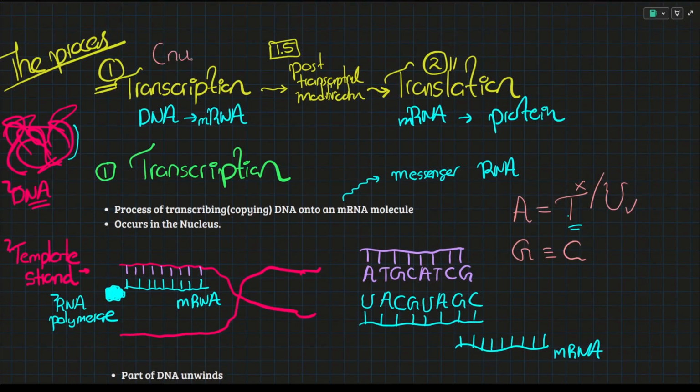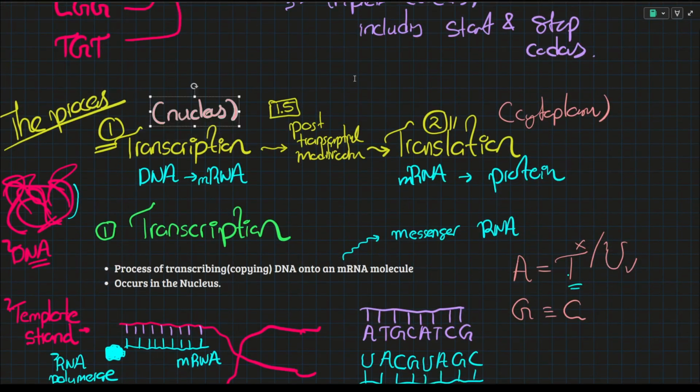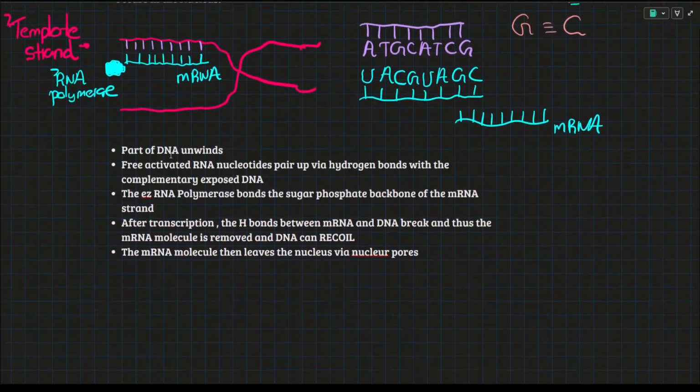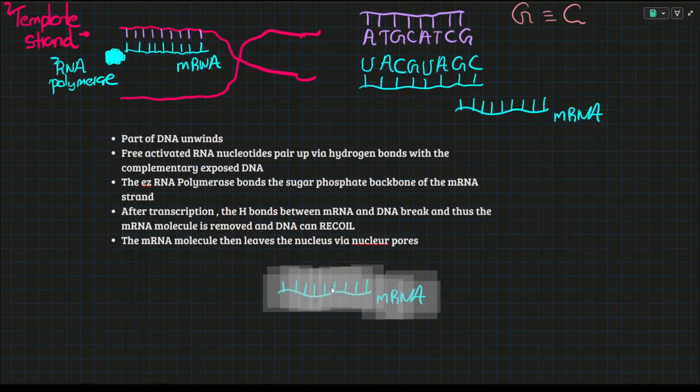Transcription occurs in the nucleus. Translation occurs in the cytoplasm. So we should have some form of method of getting the mRNA transcript from the nucleus all the way into the cytoplasm. Okay, now this little tiny mRNA molecule is outside the nucleus.